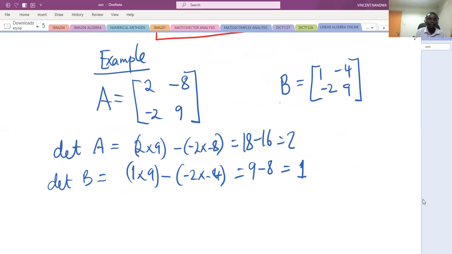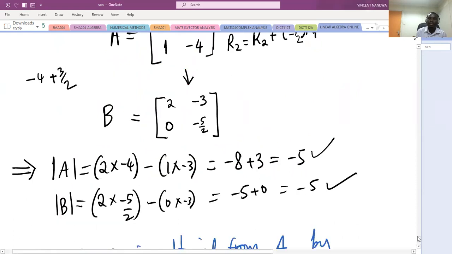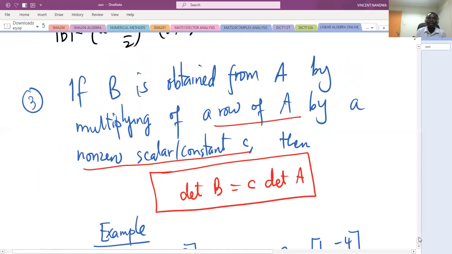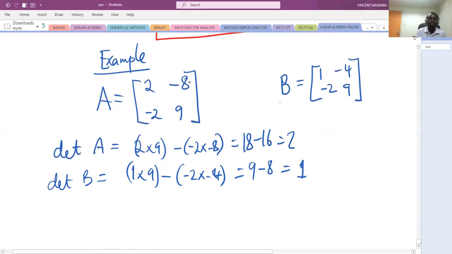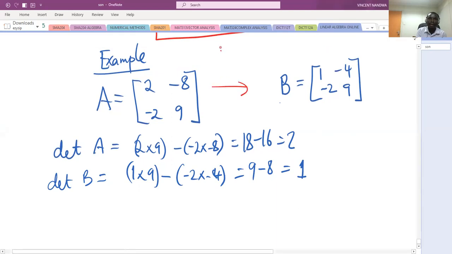And you see the determinant. So we said this property here, that if B is obtained from A by multiplying a row of A by a non-zero scalar constant C. So you see in this matrix A, we obtain this one by multiplying a half times this row of A that gives us this 1 and then minus 4.